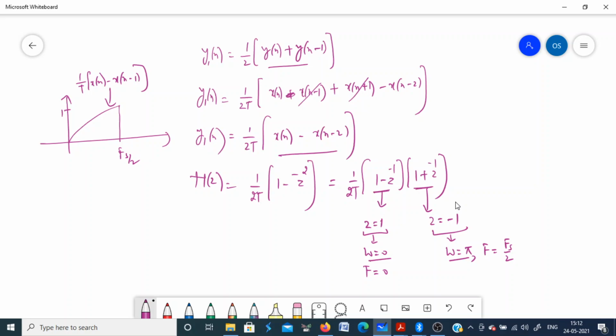For this system, since it has two zeros, one at DC frequency, another at fs by 2, this zero will pull down the response back to 0. So it will have a frequency response like this. At higher frequencies, the gain will start decreasing. So the noise amplification problem is somehow reduced using this. It is sort of a band pass filter now.